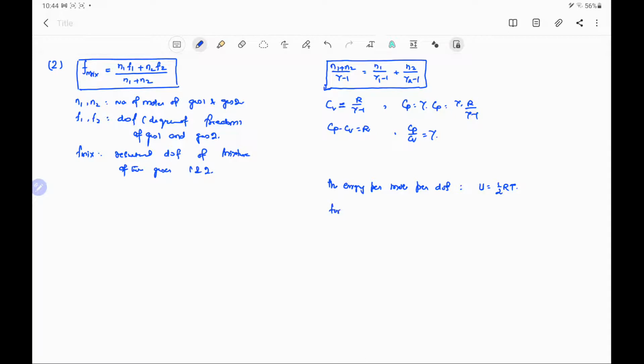For F degrees of freedom per mole of the gas, the energy will be F into 1 by 2 RT. Therefore, the molar heat capacity at constant volume will be dU by dT, and it will be equal to F into 1 by 2 R, or we can write it as F by 2 R.